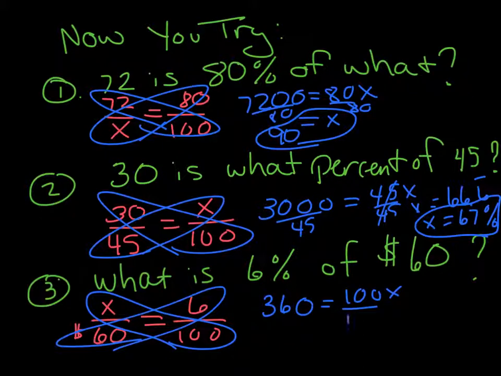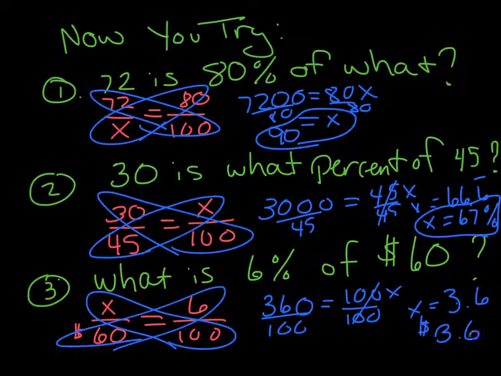I'm going to divide by 100 this time. And when I divide by 100, I'm going to get 3.6. Now, since we're talking about money, it's actually $3.60 to keep it even, okay?